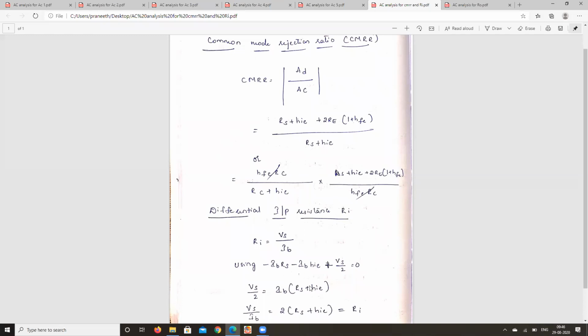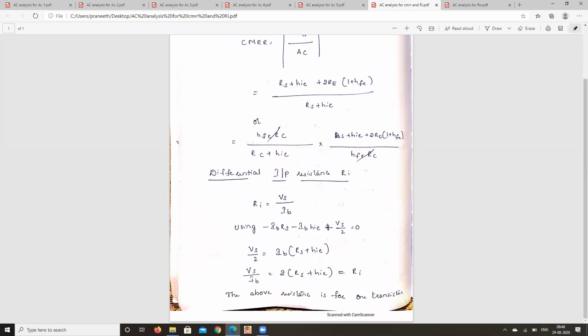I said that input resistance is nothing but Vs by IB, so obviously we got it. This is nothing but your input resistance. So finally you got the input resistance, which is Ri equals 2 into Rs plus hie.